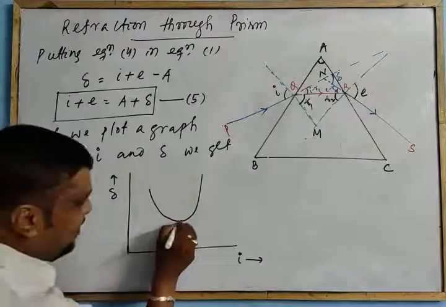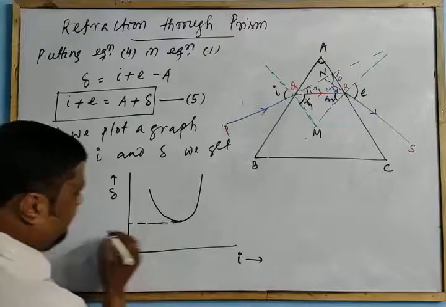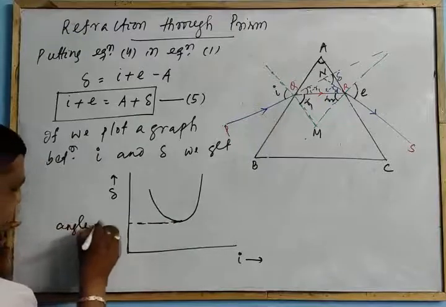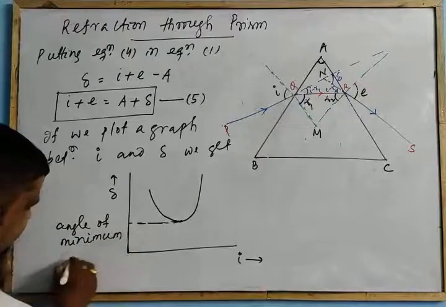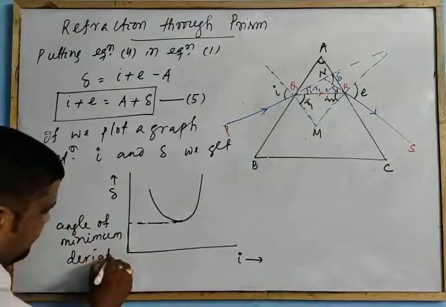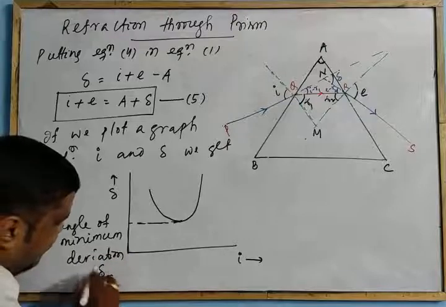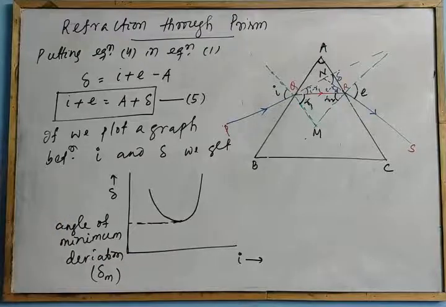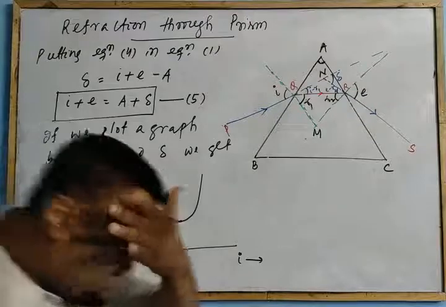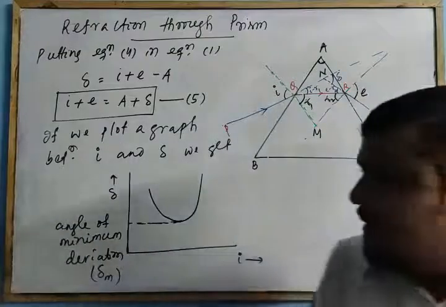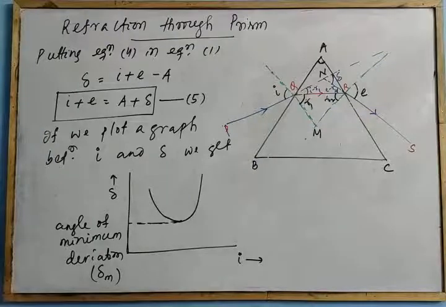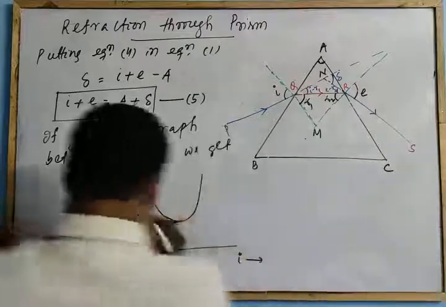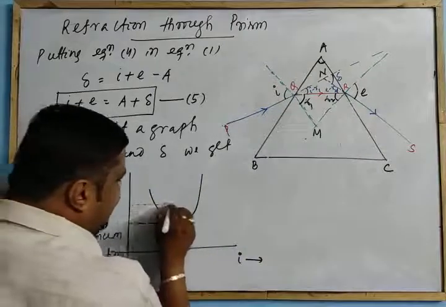And this value is called the angle of minimum deviation, delta m. So what does this graph show again? Now you see here, let me show a point: for the same delta angle, let me plot a straight line like this.